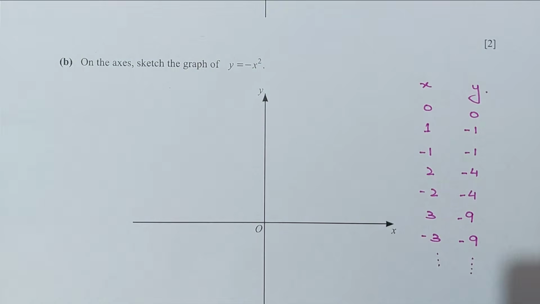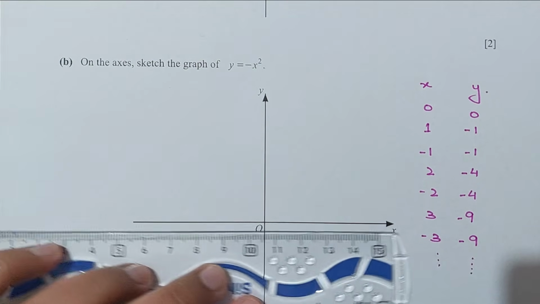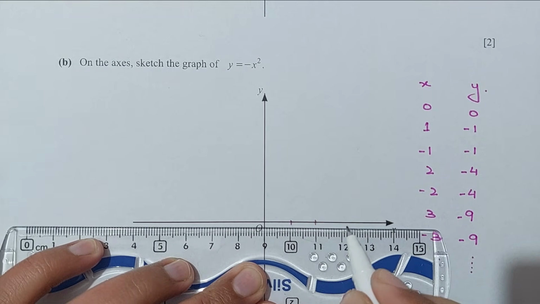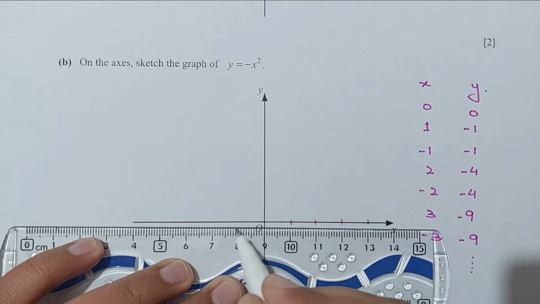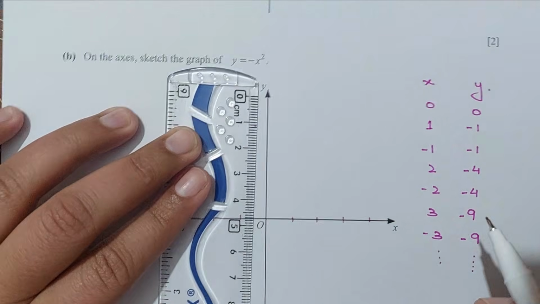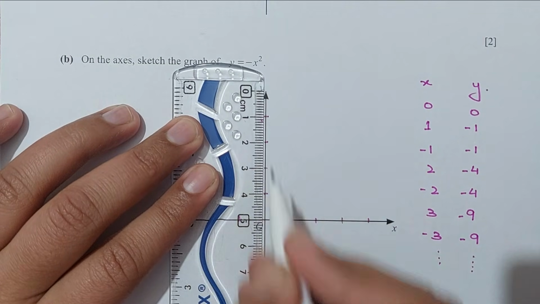Okay. Let's fix this. This is in centimeters, right? The x values are 1, 2, 3, 4 and the y values are 1, 2, 3, 4.